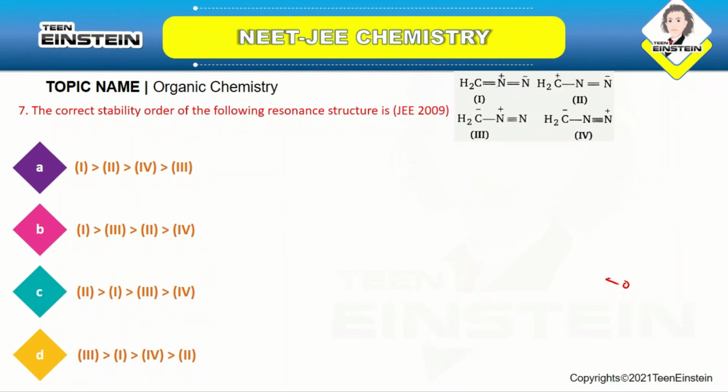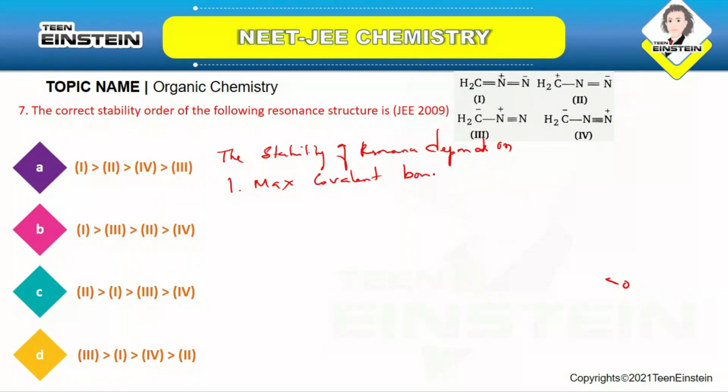First, the stability of resonance depends on 4 factors. First one is maximum covalent bonds, so more stable.